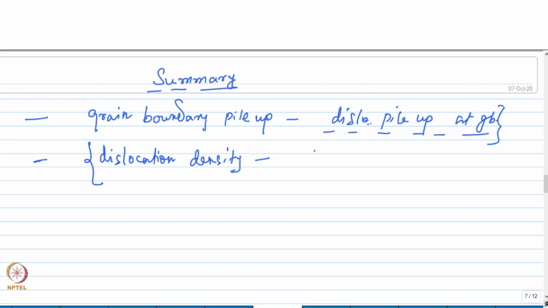One is the grain boundary source theory, which considers the grain boundaries as sources of dislocations. Therefore, as you strain the material, the dislocation density in the grains will depend on the grain size.